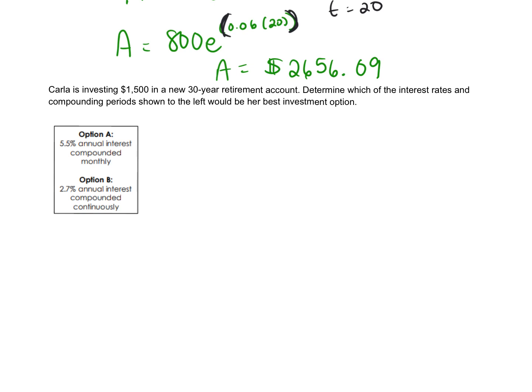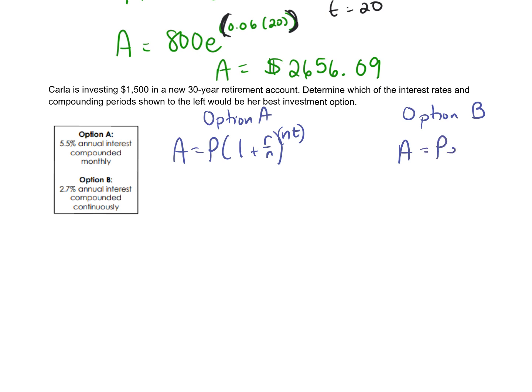So option A is going to be our traditional kind of compound interest problem. A equals P times 1 plus R over N to the NT. This is the one we'll use for option A. Now option B is continuous, so that's going to be the other one we have. That's A equals P e to the RT. So we'll just plug numbers into these.